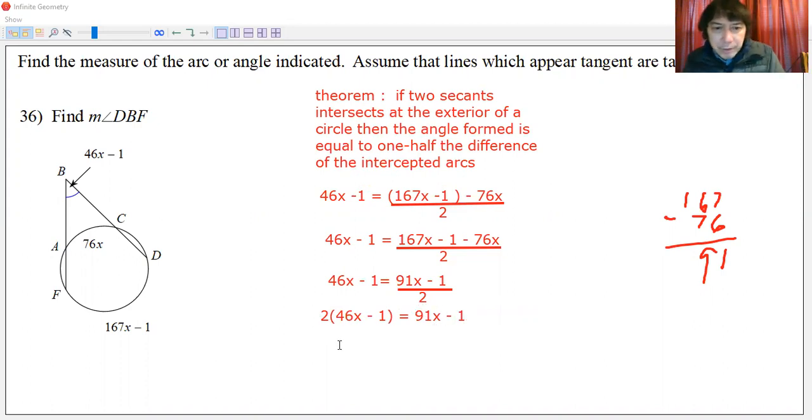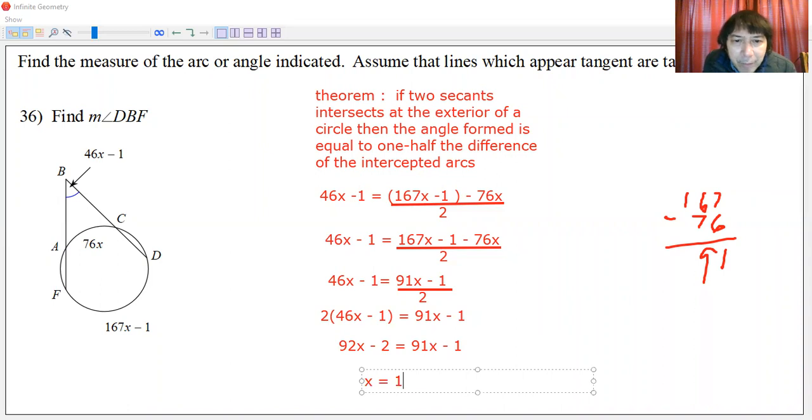So we have 92x minus 2 is equal to 91x minus 1 there. The division by 2 on the right side becomes 2 times, so we have x is equal to 1. Subtracting 91x from both sides, that is x equal to 1.